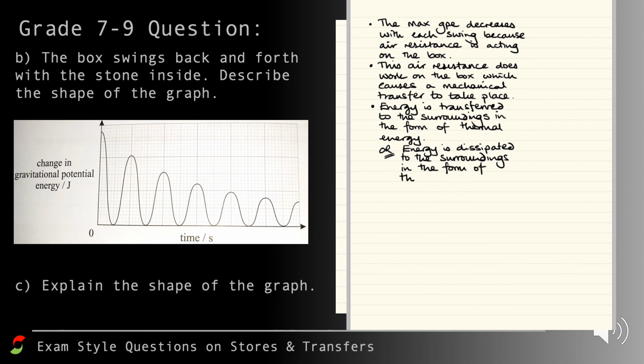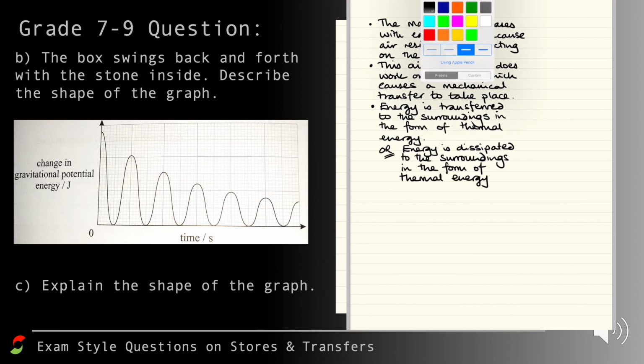So just to make sure that you realise what the key words are in that sentence: it's really important getting dissipated, and where it's dissipated to, the surroundings, which means we can't get it back, and that it's in thermal energy.